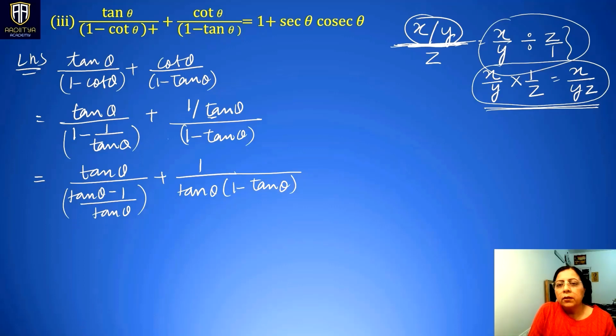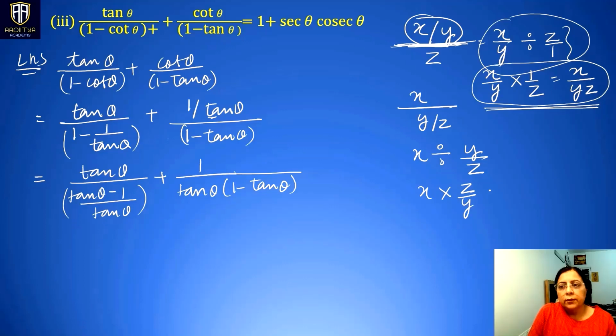And simply here we have this expression, like we have only one thing in the numerator, divided by y by z. Now how do we do this? X divided by y by z. So what do we get? X multiplied by z into. This is x z upon y.